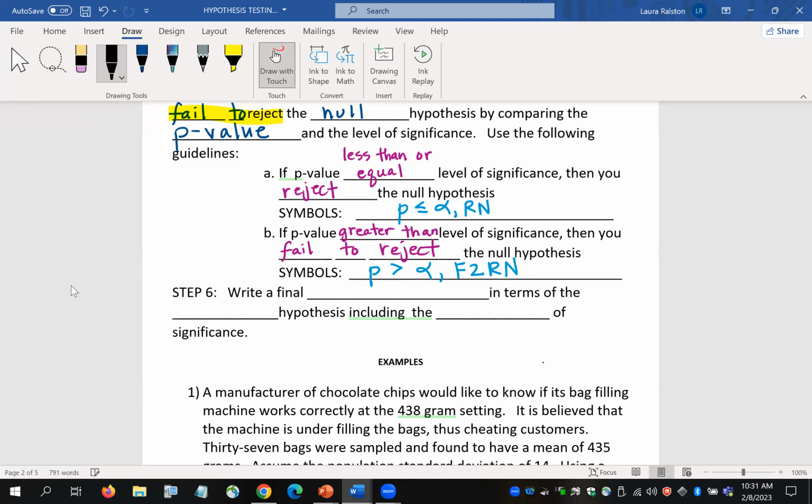The last step is to write a final conclusion in terms of, I'm going to use the word true.